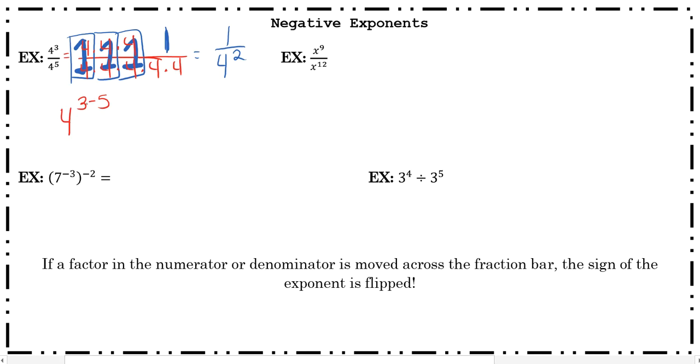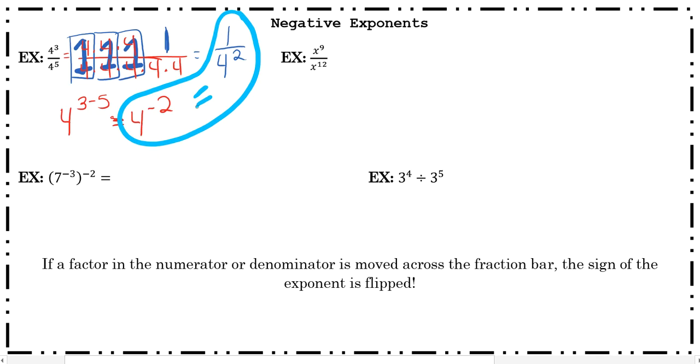Well, 4 to the 3 minus 5 would give us 4 to the negative second. These two values are equal. So anytime you have a negative exponent, you're going to want to move it across the fraction bar and it will change the sign of the exponent to positive.